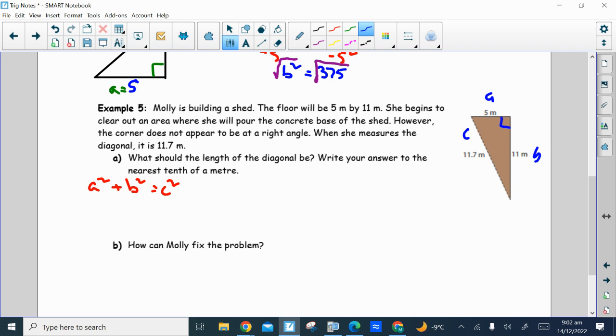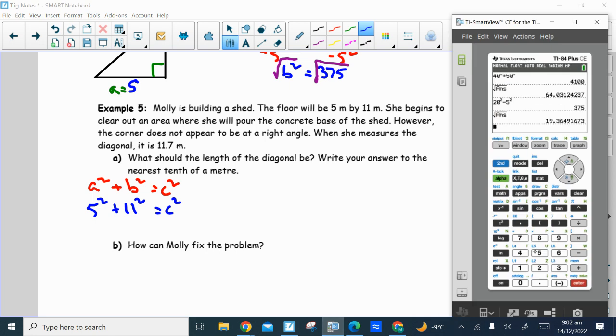Okay, so little a we said is 5, little b is 11. And again, we can do that in our calculator. And you'll get 146 for 5 squared plus 11 squared.